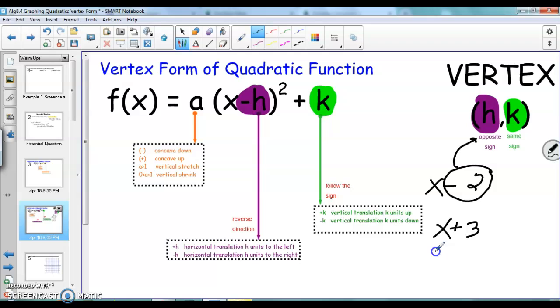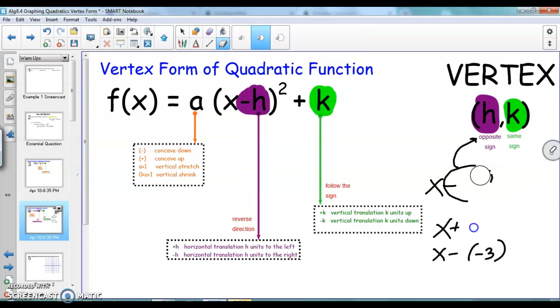So in this case, this is the same as x minus negative 3. So that's why if you're given a plus sign, the value of h here is actually negative 3. So it's easier to think of it as x minus negative 3 or x plus 3.